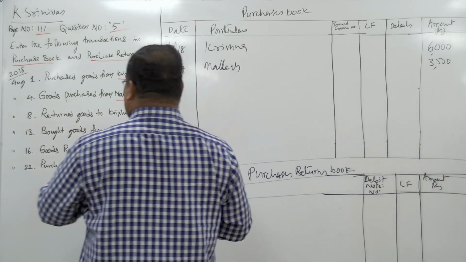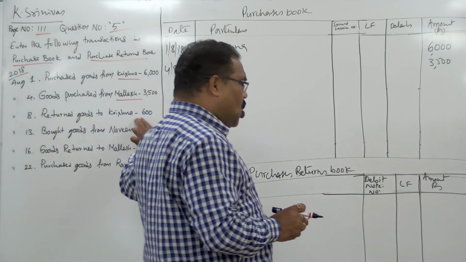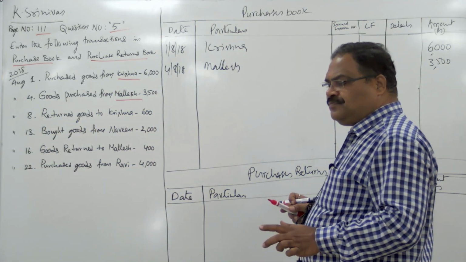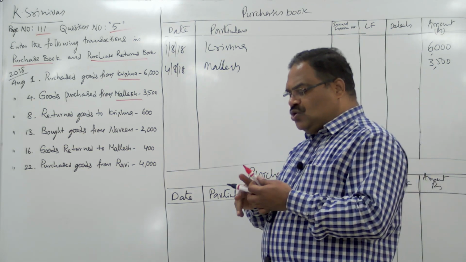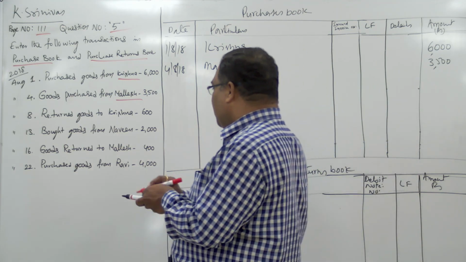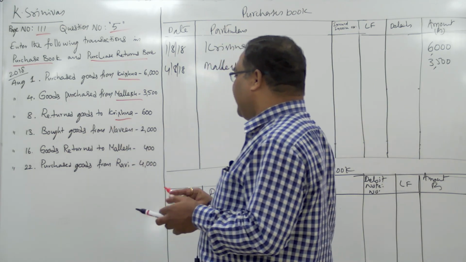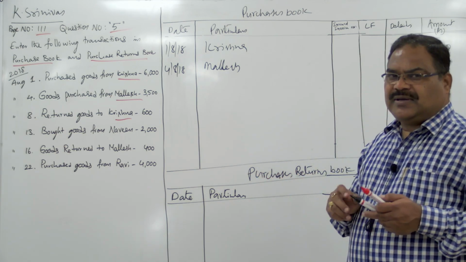Next, returned goods to Krishna. It is a non-cash transaction. We have returned goods to Krishna. Previously, we purchased goods from Krishna. So in this, we should take the purchase returns book.